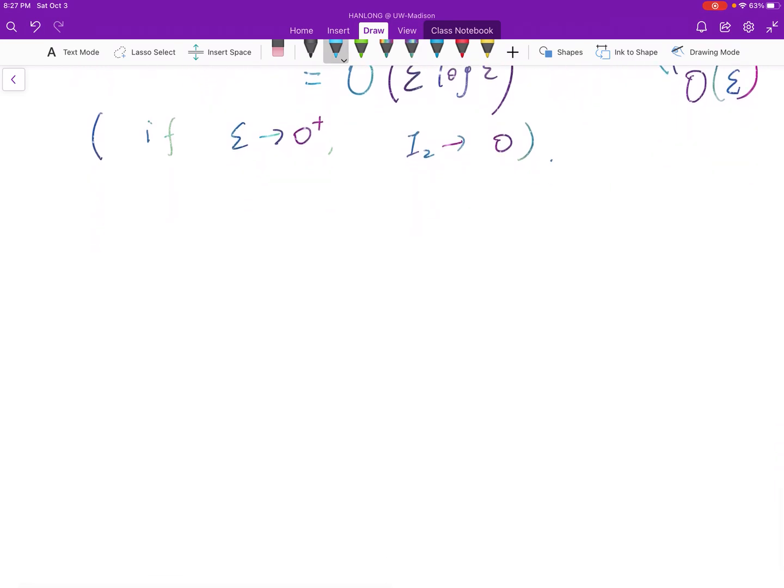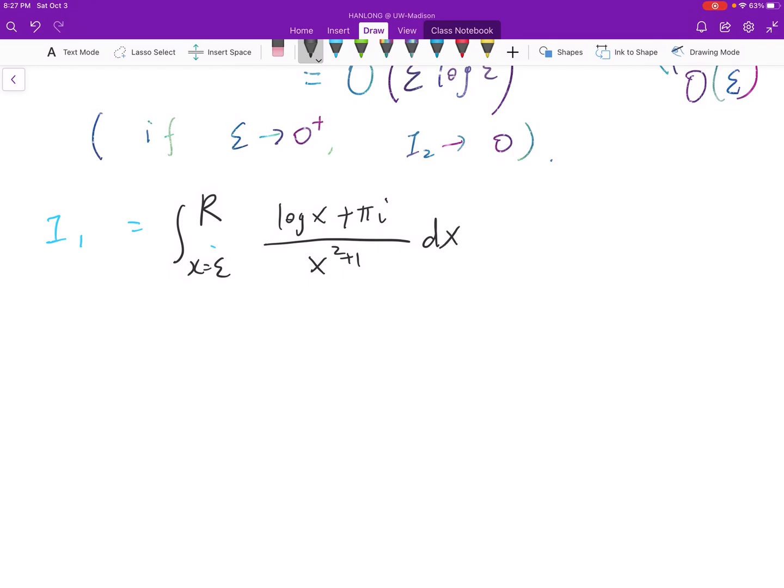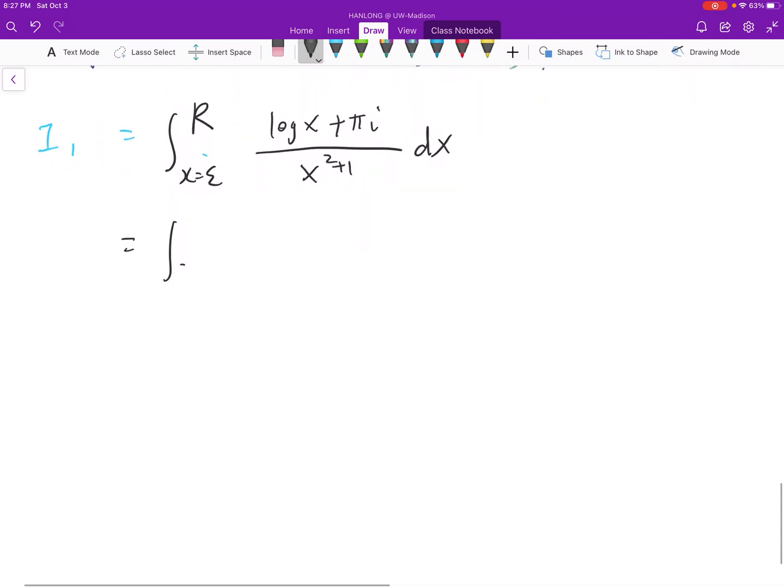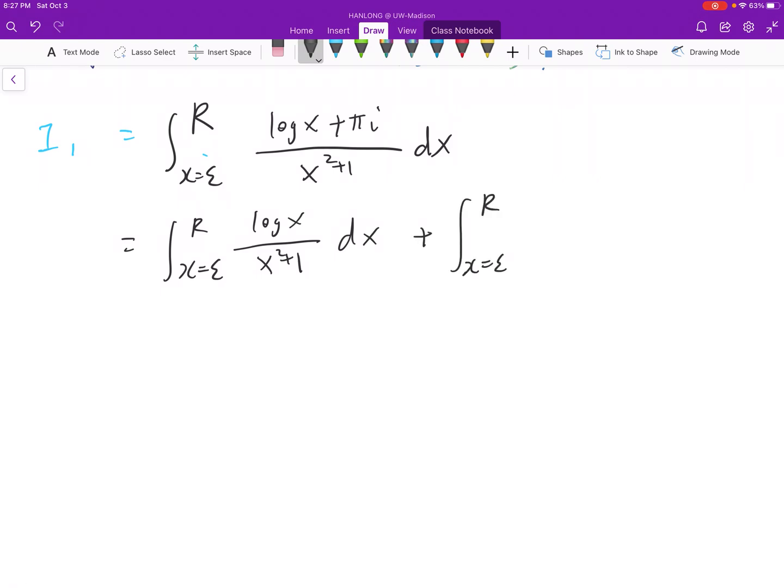Now let's look at the first term, I1. So I1 is the integral from epsilon to R of log x plus pi i divided by x squared plus 1 dx. If you separate this, then you have log x divided by x squared plus 1 dx, plus 1 over x squared plus 1 dx times pi i.